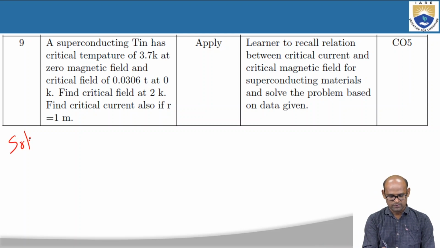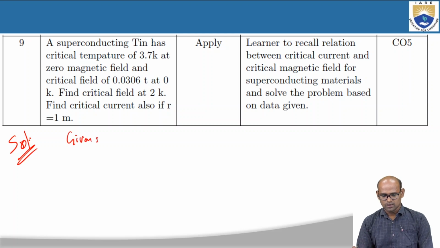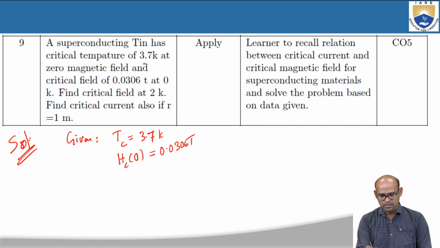Whatever they have given: the critical temperature Tc is 3.7 Kelvin, and the critical field at 0 Kelvin, Hc of 0, is 0.0306 Tesla.